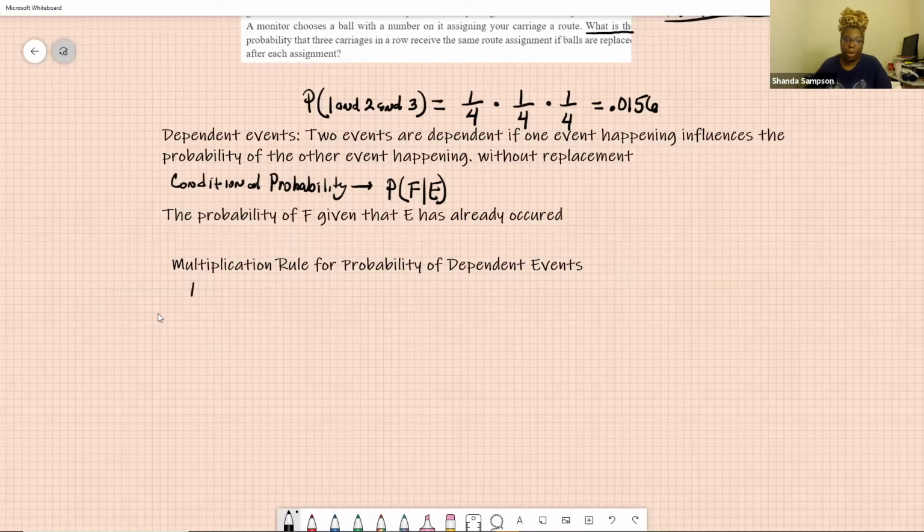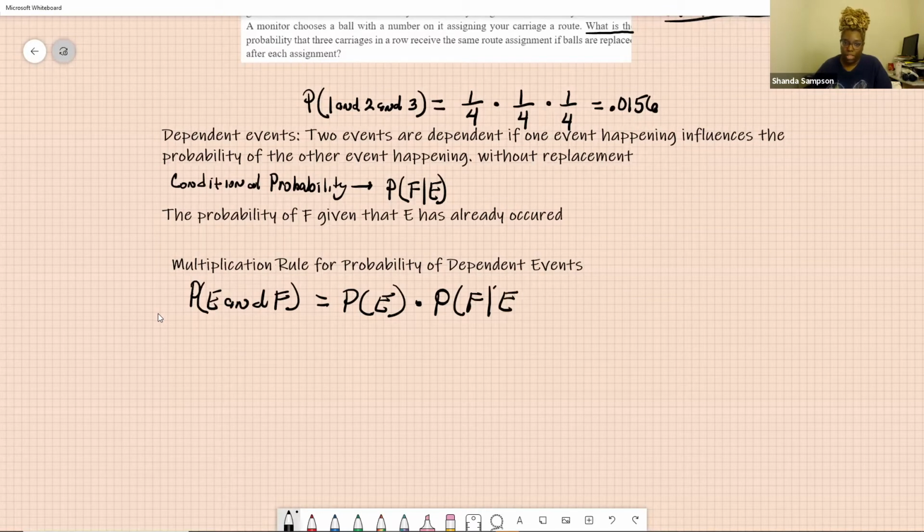Why? Because it's multiplication, right? So the probability of E and F is the probability of your first event times the probability of your second event, given that your first event has already occurred.